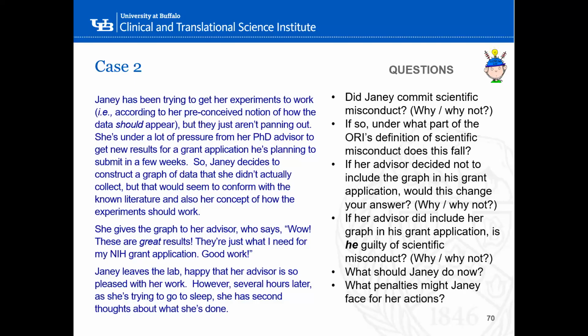Yeah, so I think it still is misconduct, even if her advisor didn't include the graph in the grant application, because, as we said before, she just fabricated it and intended to submit it anyways as if it were actual data that she collected, which she didn't. So it doesn't matter if it was submitted or not. It's still just made up on the spot and treated as authentic data, which it wasn't.